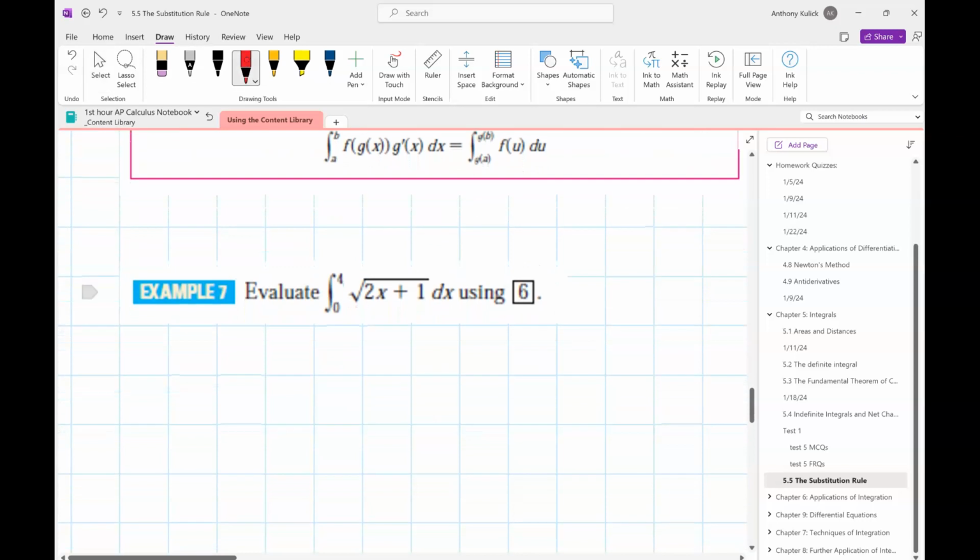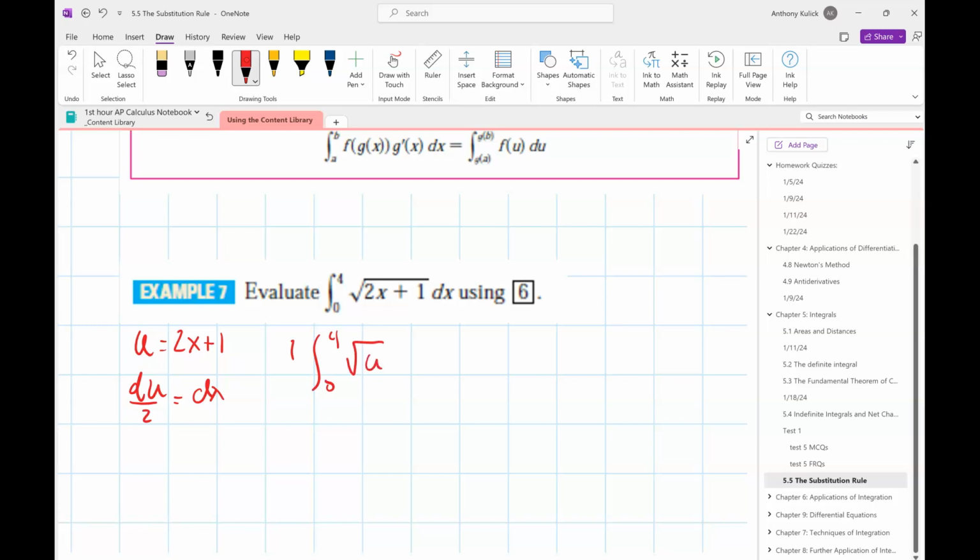All right, so we've done this problem already, right? The integral of x times the square root of 2x plus 1. So we said u was going to be 2x plus 1. Du over 2 is going to equal dx. So we do the integral of the square root of u, or 1/2 square root of u du. So that was going to be u to the 3 over 2, times 1/3 because the 2's canceled.